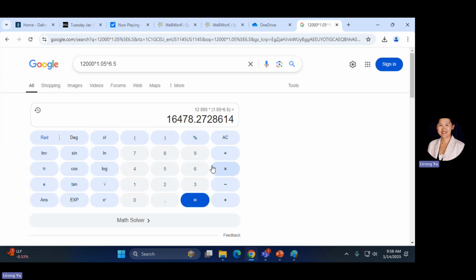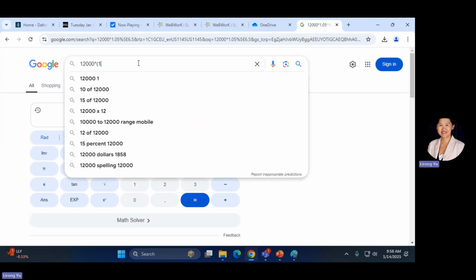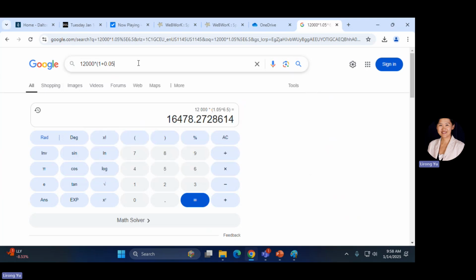Let me calculate, if it's a simple interest, what do we have? 1 plus the interest rate 0.05 times the time. This is the simple interest model.